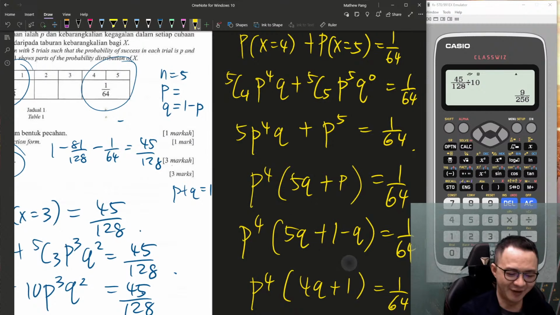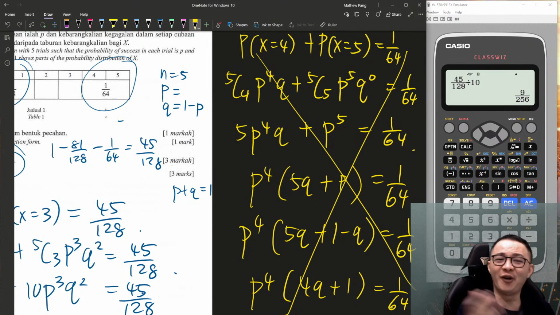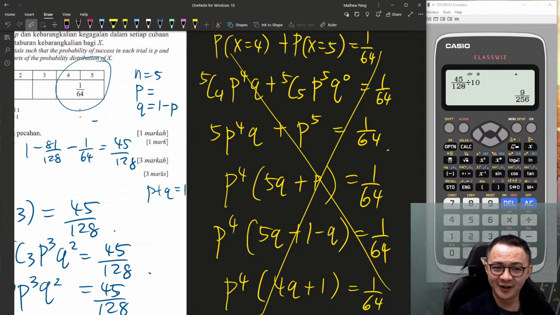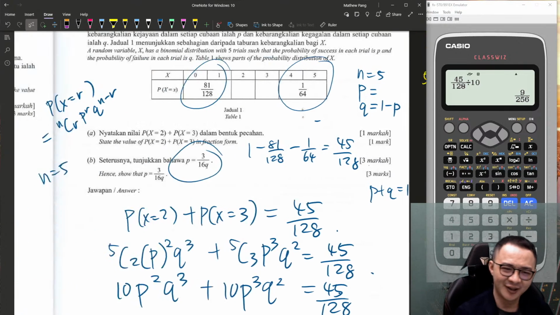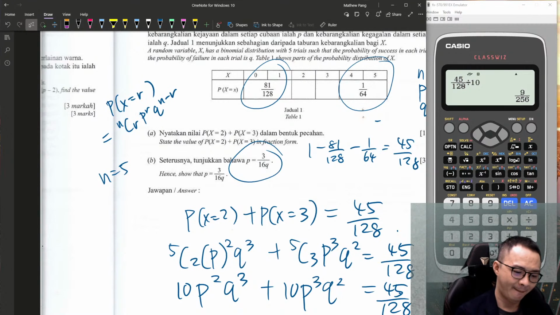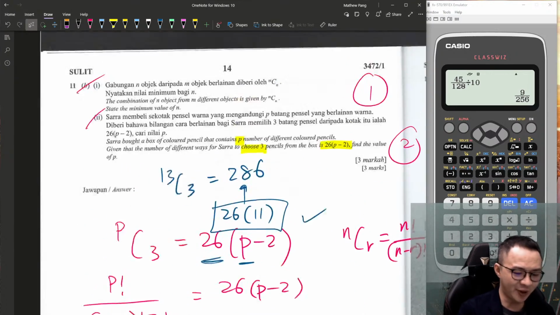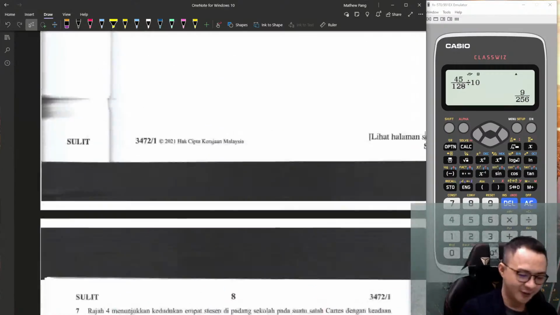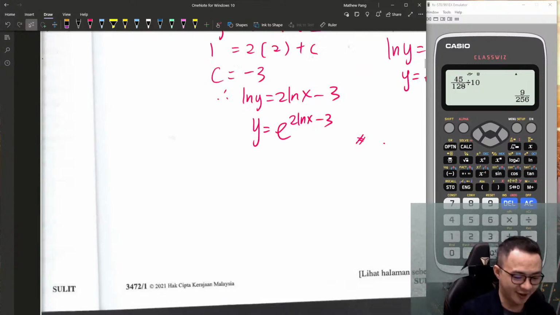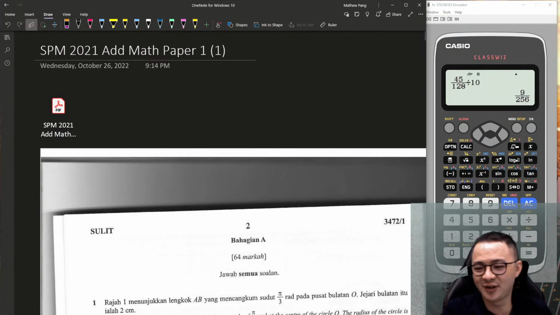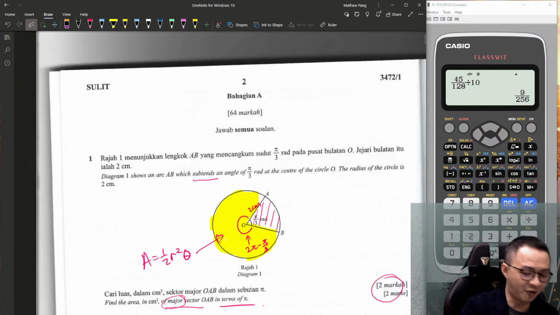Okay, I give up. Any one of you, if you try using 4 and 5, am I doing the formula wrongly? Is it p power of n minus r q r? I remember in SPM this one is actually not the same one. Where's my formula list? Here don't have formula list, seriously? Yeah, if not mistaken, the formula is correct.